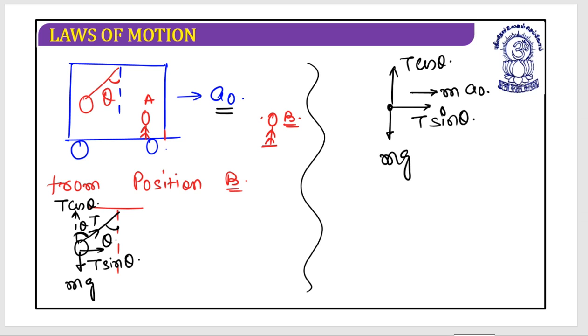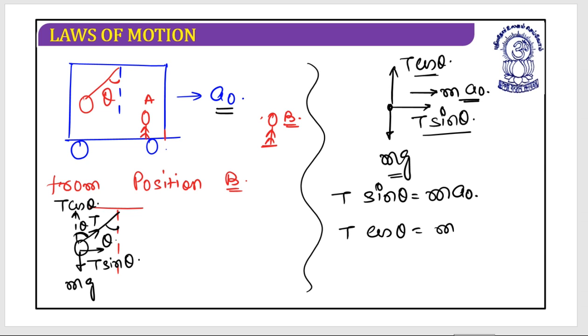So if I understand this, the horizontal acceleration of this bob is due to T sin theta, so I can write T sin theta equals mass times acceleration, that is m a naught. There is no vertical displacement, so T cos theta equals mg.